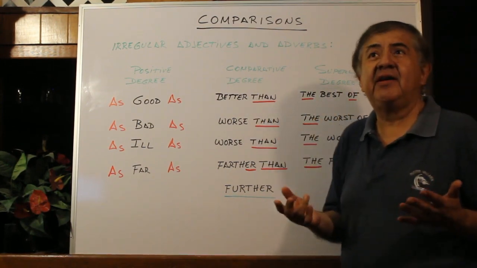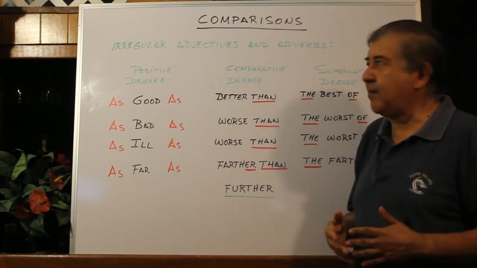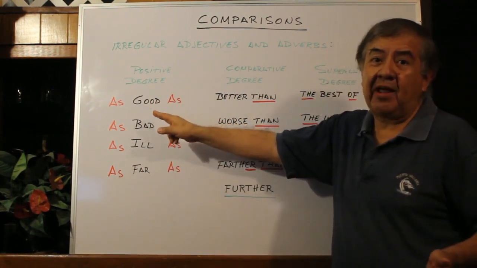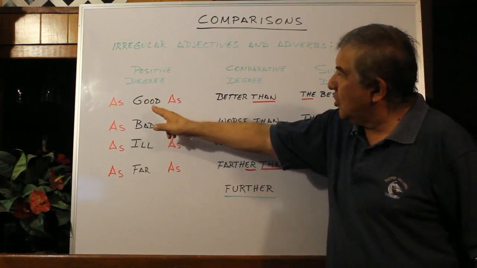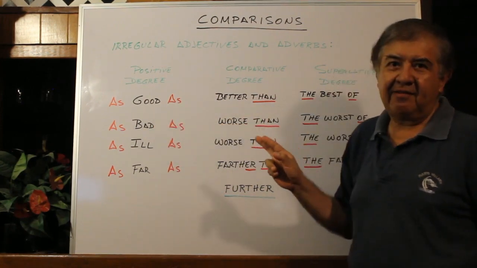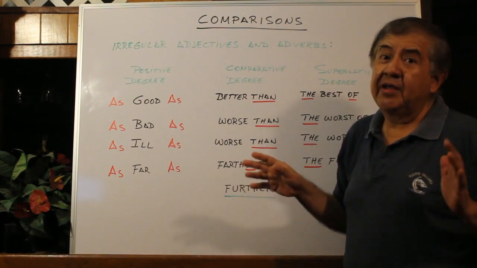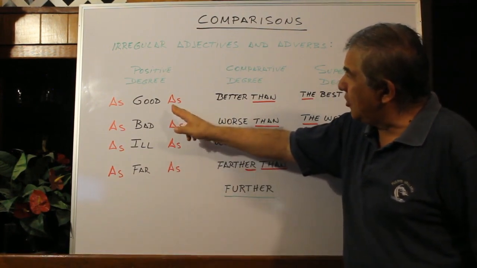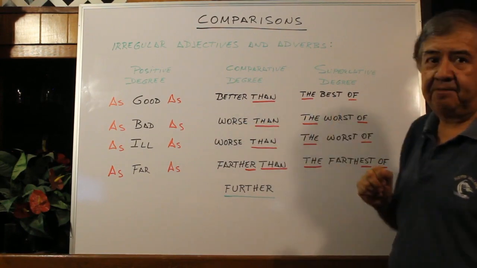There is a typical mistake in the exams when students use the rules and want to apply those rules here. Good, gooder than. That is a terrible mistake. So it is an irregular adjective and you have to be careful with that. So we have good, better, best.